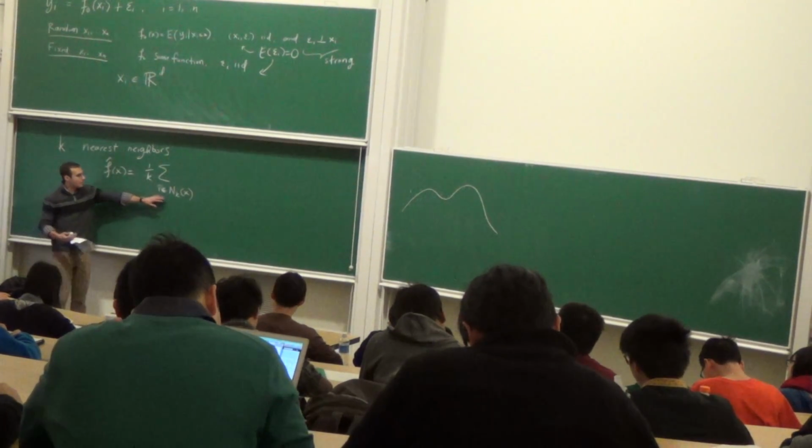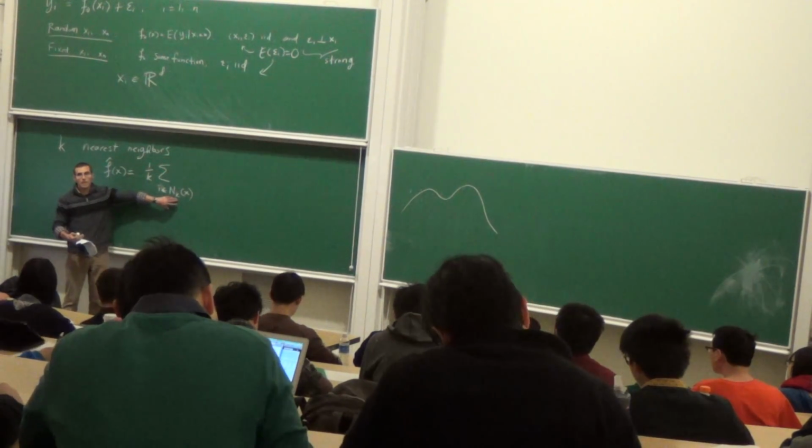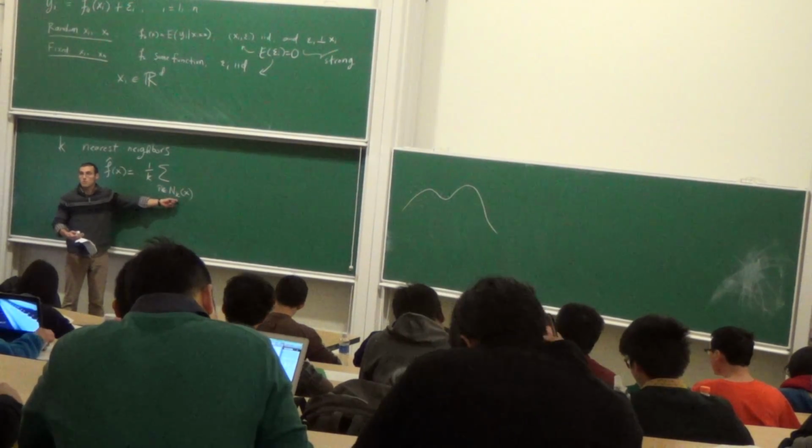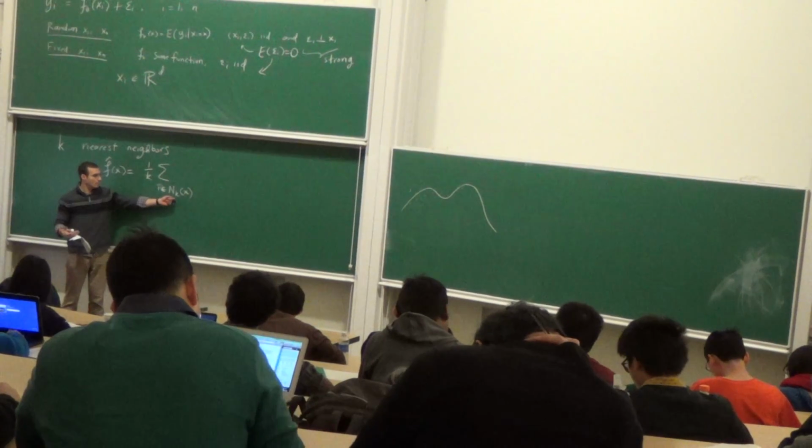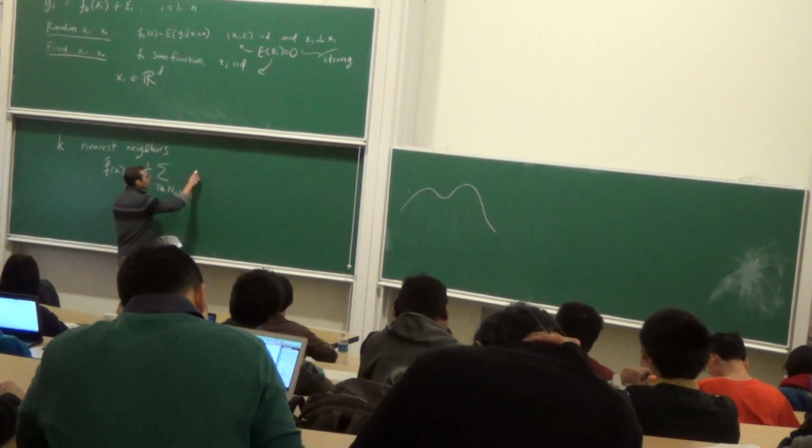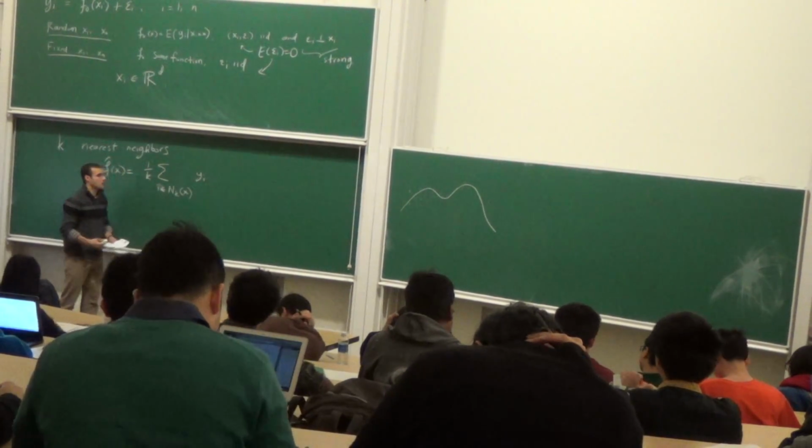So when i is in this set N_k(x), it means that x_i is one of x's k-nearest neighbors among all the points x_1 through x_n. We take their y values and we just average them.